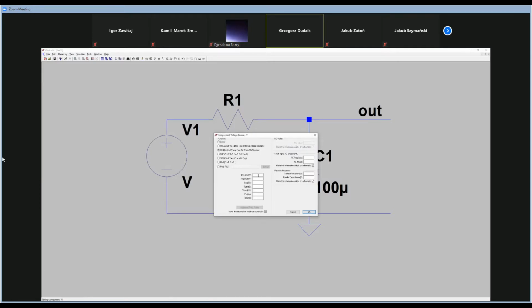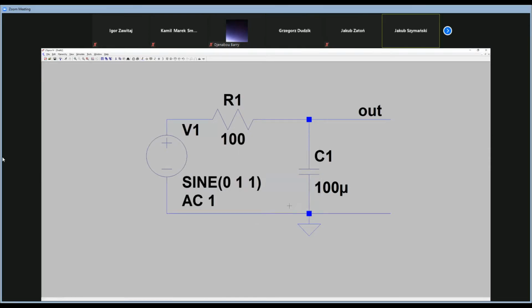So let's put here the sine waveform. Amplitude doesn't matter. The frequency doesn't matter. We have to just put some value here. That's all. Omega is 2 pi frequency. Yeah, 2 pi f, that's right. The omega is 2 pi f. Okay.